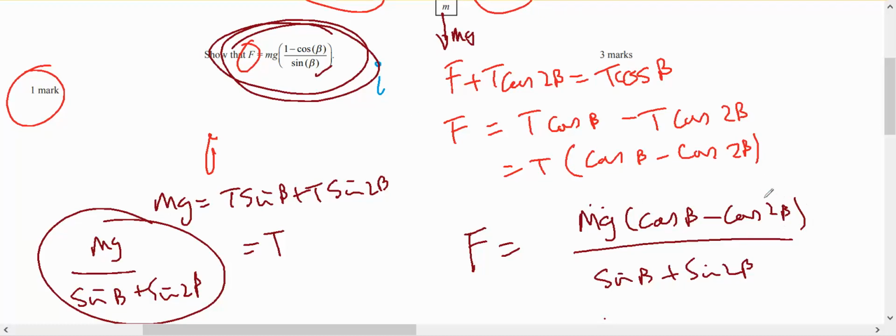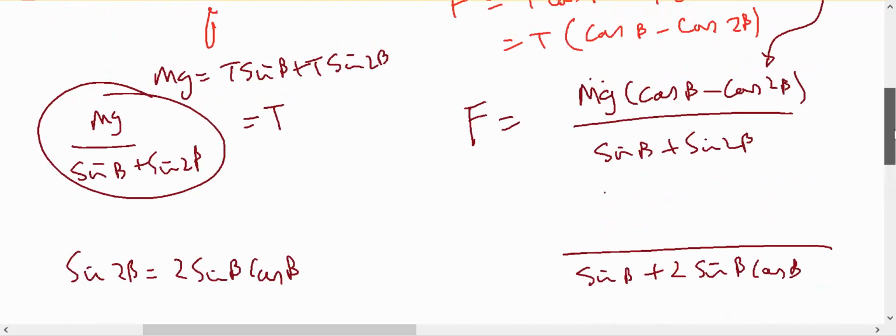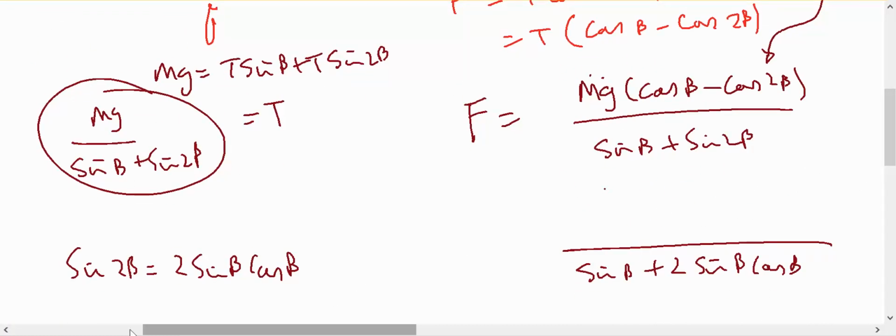So if I do something with the double angle formula for cos, I should be able to cancel out this. So for cos of 2 beta, I'm going to use 2 cos squared beta minus 1. So I keep my cosines.